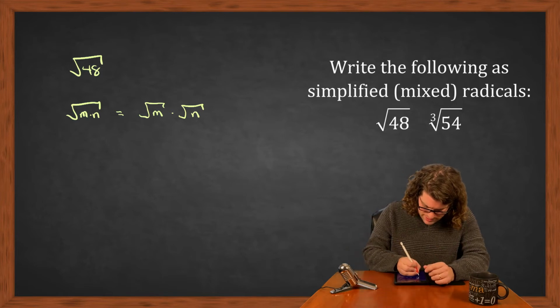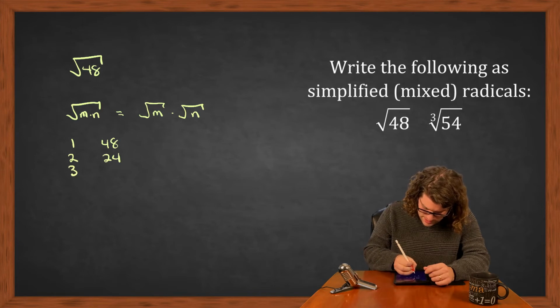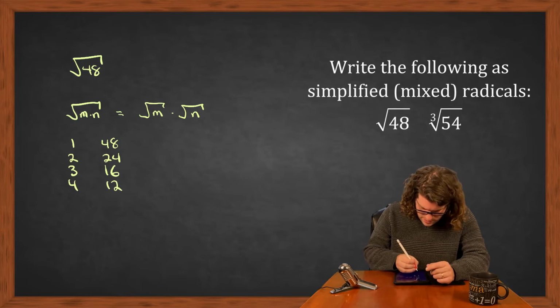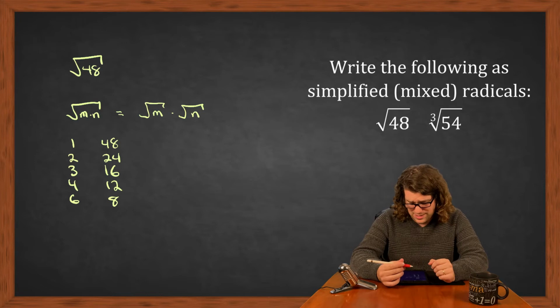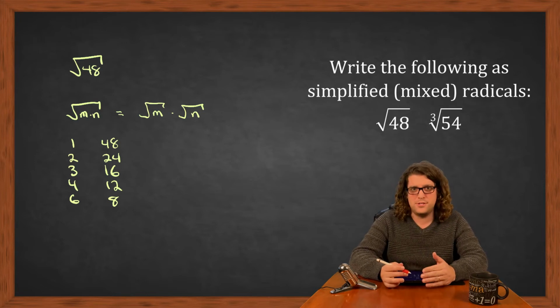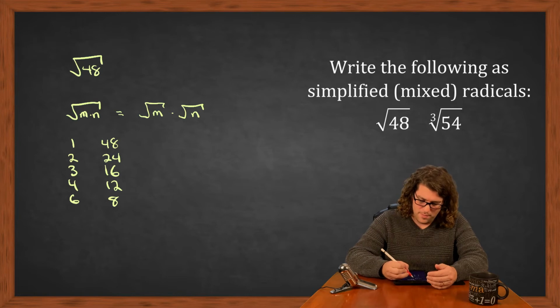So if I were to list all the factors of 48, it would be 1 times 48, 2 times 24, 3 times 16, 4 times 12, not a 5, a 6 times 8, and we're good there. So in this list, I'm going to search for the largest number that is also a perfect square.